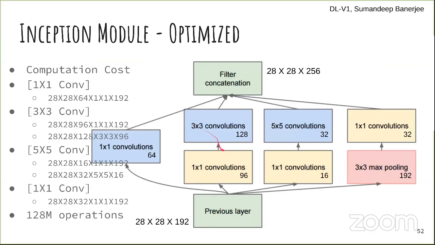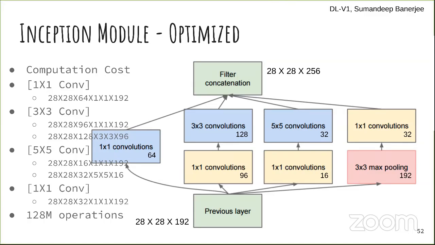So they introduced 1x1 convolutions everywhere they could, and so decreased the output for this and effectively brought down the total number of computations for the inception module to 128 million. And because these are 1x1 filters and 3x3 very small filters, and max pooling has no trainable parameters, overall the inception module has very few trainable parameters.